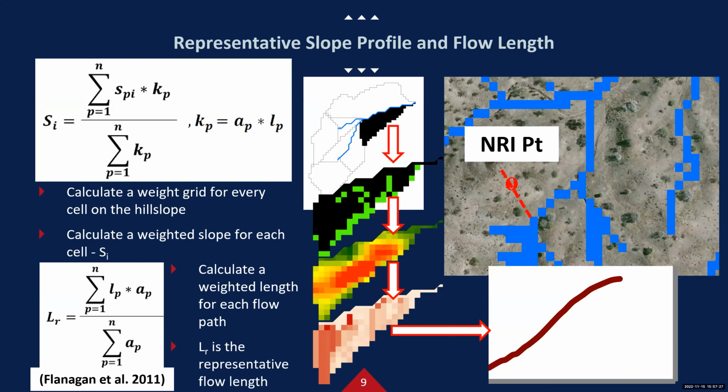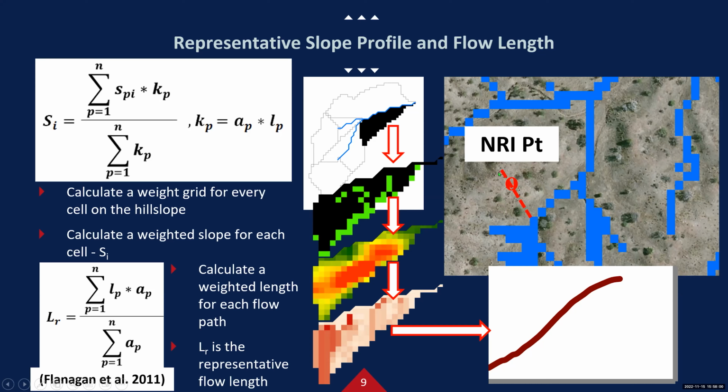So another kind of neat algorithm that Dennis Flanagan developed, we've got the paper on this and it's on the website too, is how can you get a representative slope and flow length profile? So again, this is an aerial photo here, and imagine you're at the top of this hill slope and you're looking down to the channel.